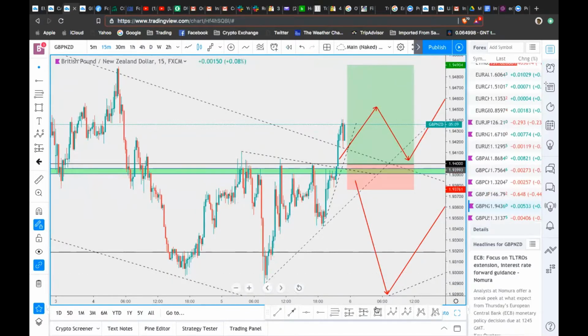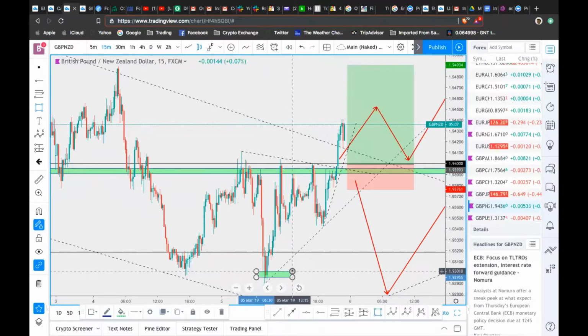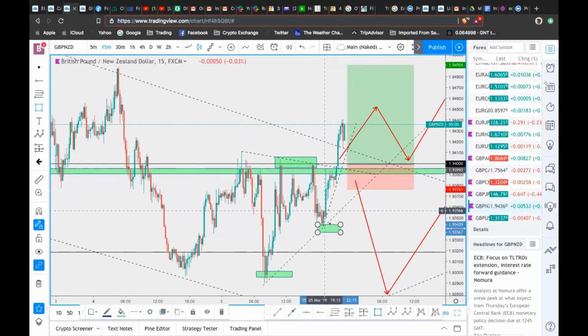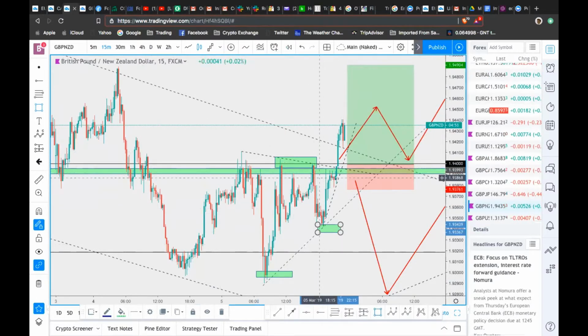We get the low, high. We get the low, lower. We get the high and low. We get the break of structure. So now we know the downtrend is over. We also get the break of this trend line. So now what are we looking for? We're looking for the retest of the structure, or the support. Now we're looking for the long, take it back up to the high.